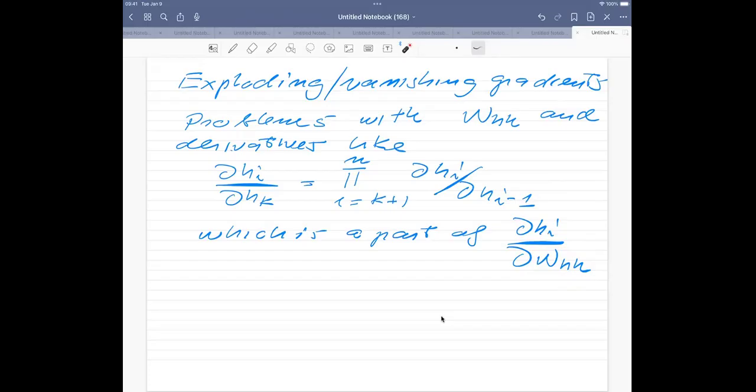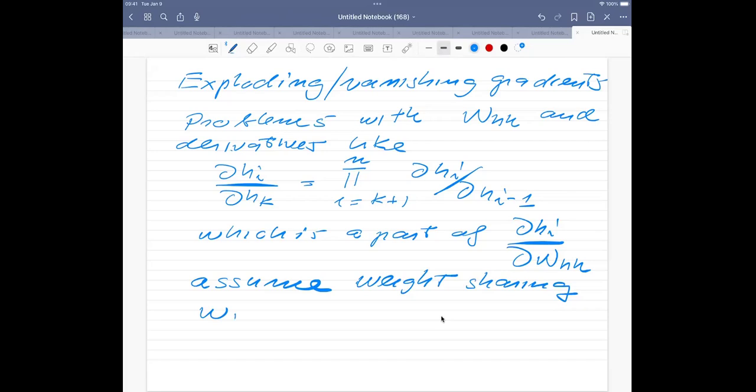So to see the problem, assume now a simplification. Assume that the weight is the same. This is what we would call weight sharing. And in order to make things simple, we just call this W, just to make the notation a little bit simpler.